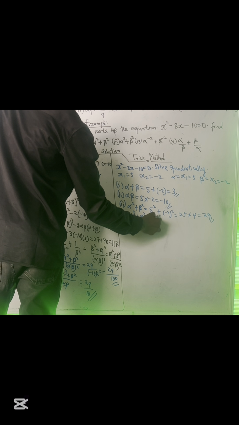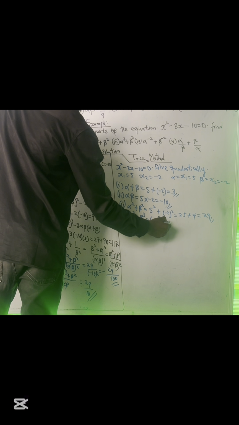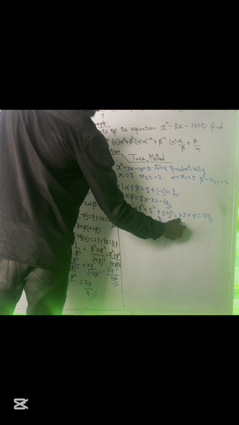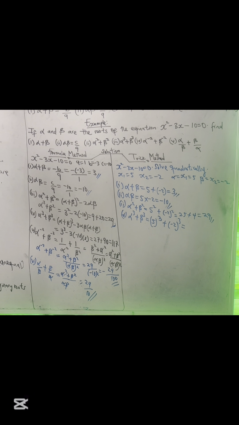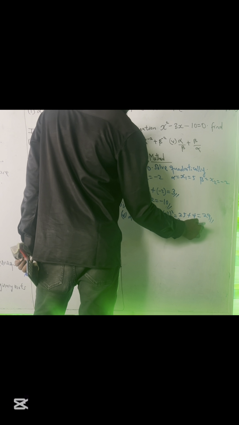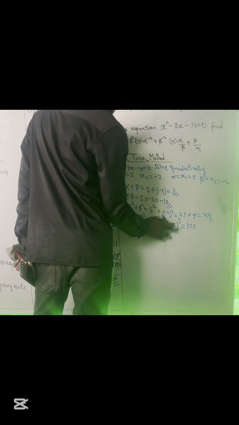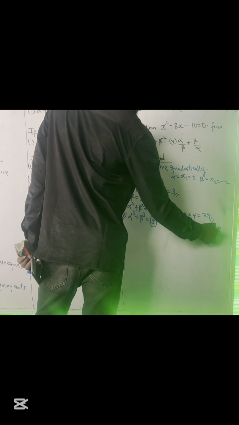My alpha, that is 5 raised to power 3, plus -2 raised to power 3. So guys, 5 raised to power 3, that is 5 times 5 times 5. So that will be 125. Because -2 raised to power 3, that is -8. And this gives us 117.